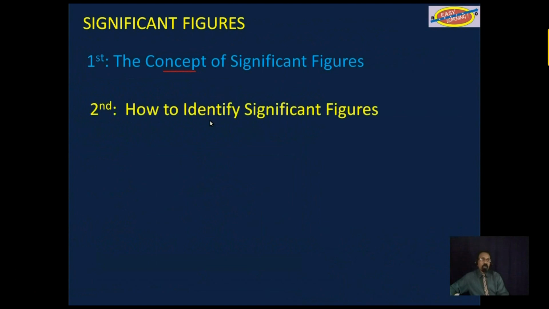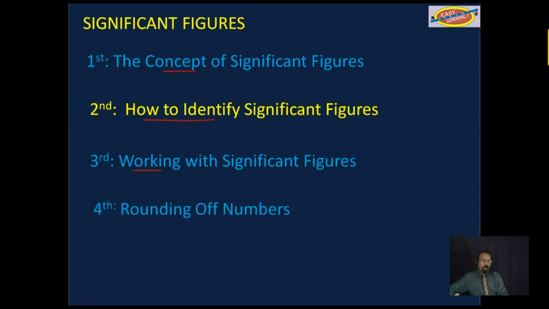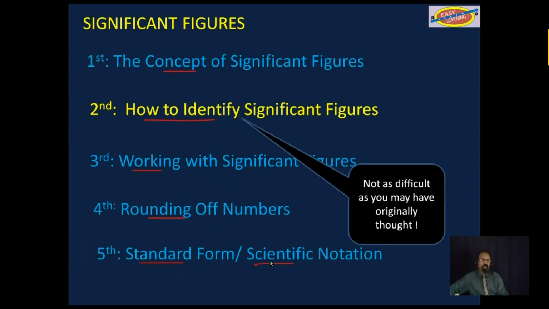In this one, how to identify significant figures and uncertain digit. In the next video, we will learn how to work with significant figures. After that, rounding off of numbers, and then standard form, sometimes called scientific notation.